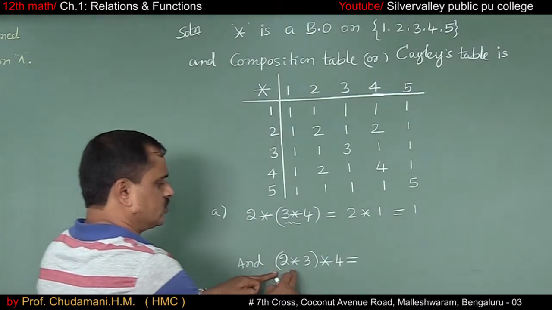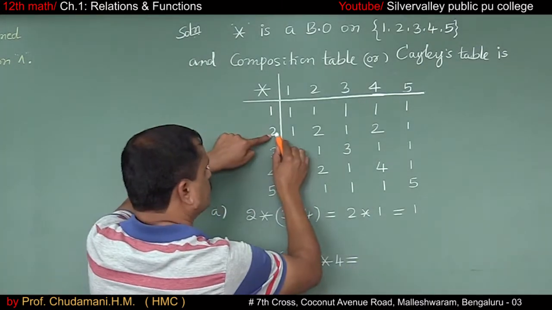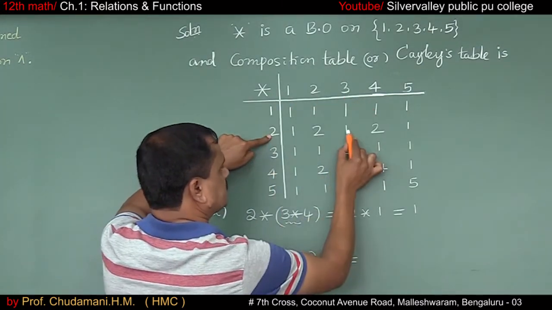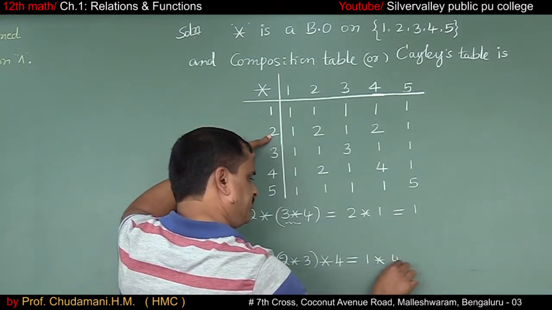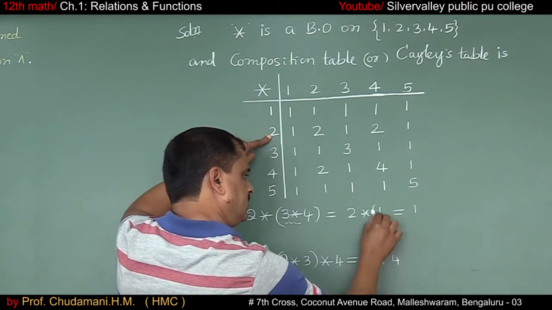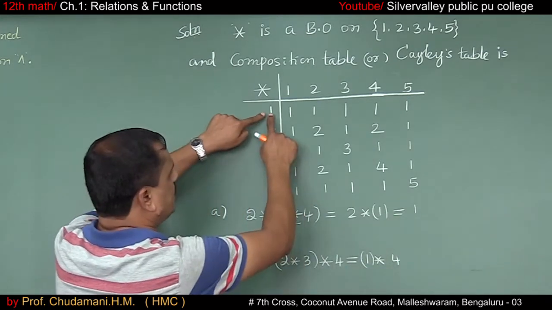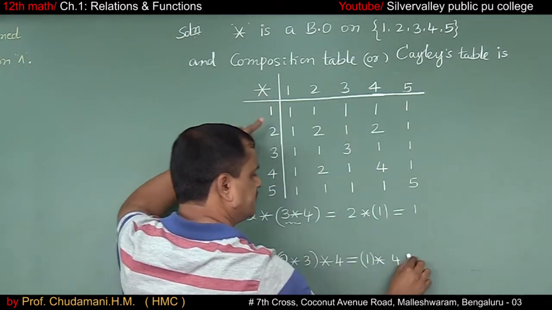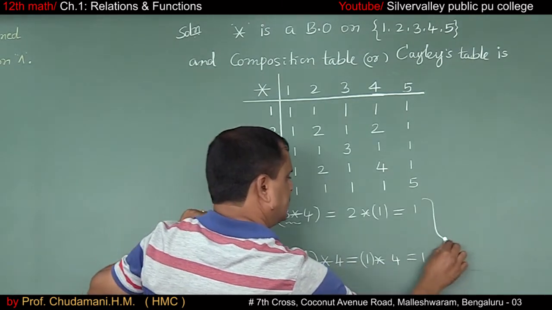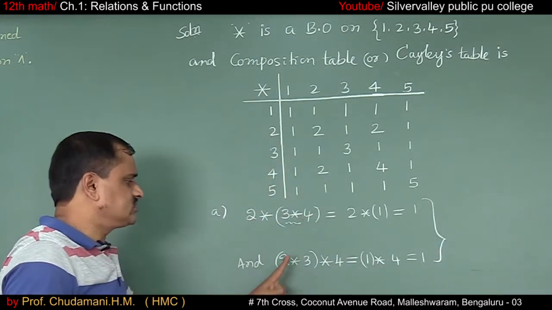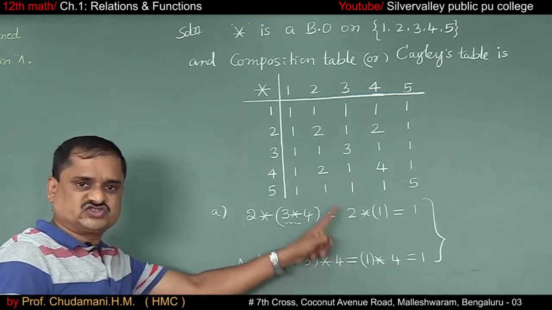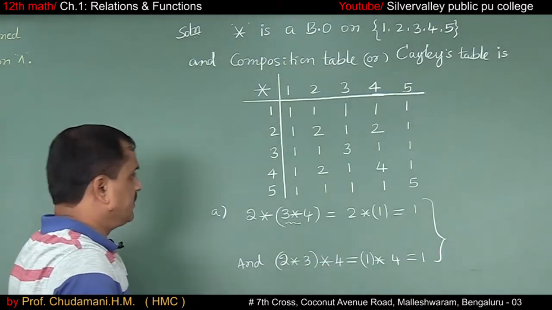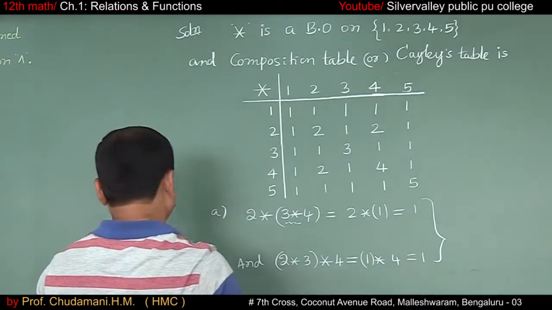Come to this other grouping, 2 star 3. 2 star 3 means 1, and we have star 4. Correct enough? So now 1 star 4. 1 star 4 is 1. So clearly A star B star C is equal to A star B star C. Associative actually. Then you need to verify commutative.